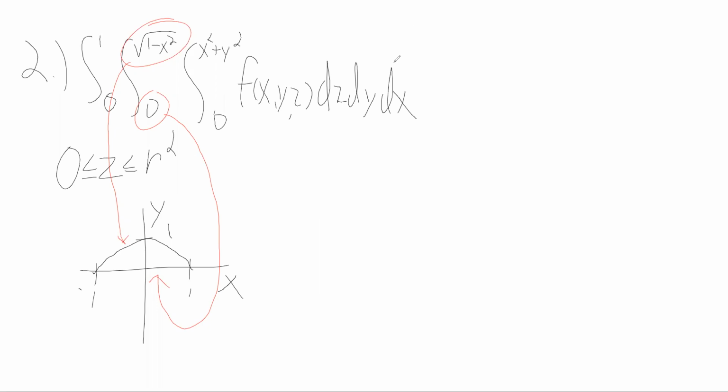So x is going to tell us how much of this top half of the circle we're getting. If x goes from -1 to 1, we get the whole half circle. Kind of an awkward way to say it. But x is only going from 0 to 1, right? So we go from x equals 0 up to x equals 1.